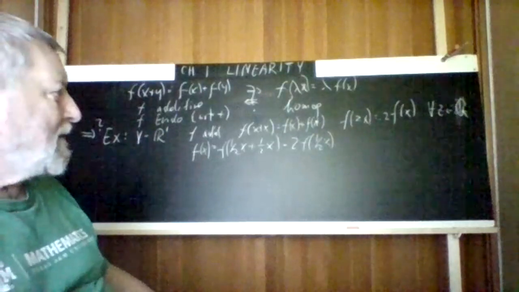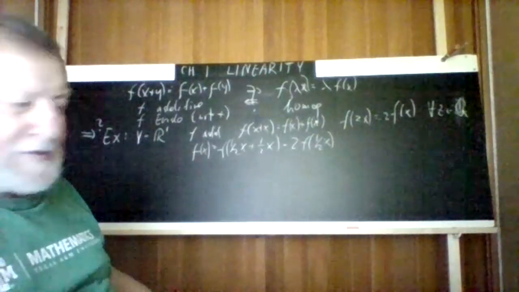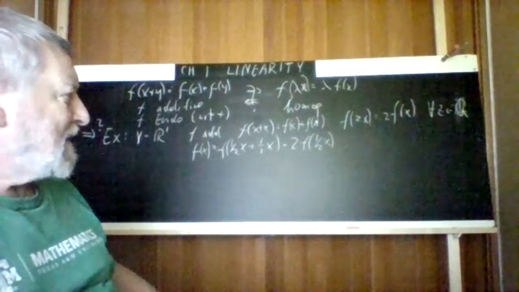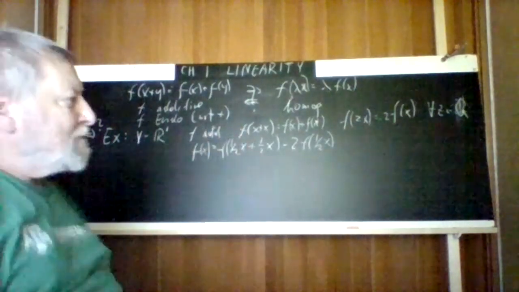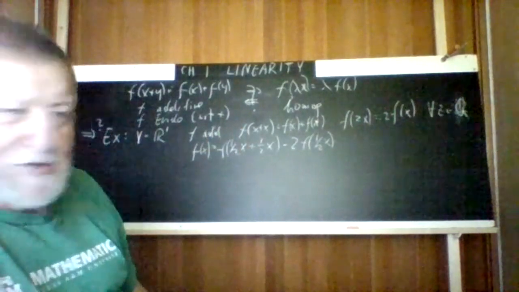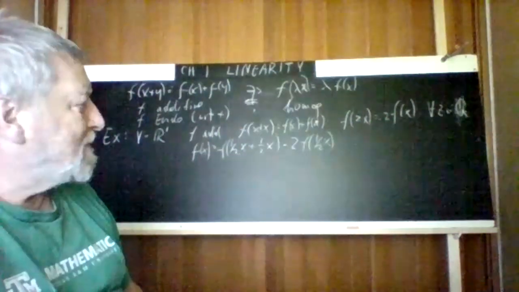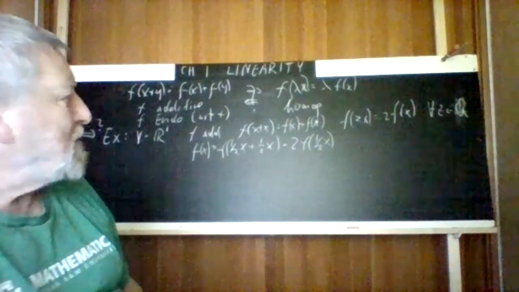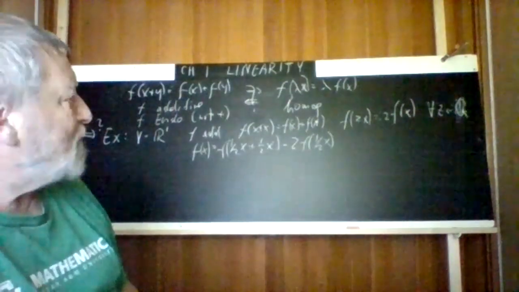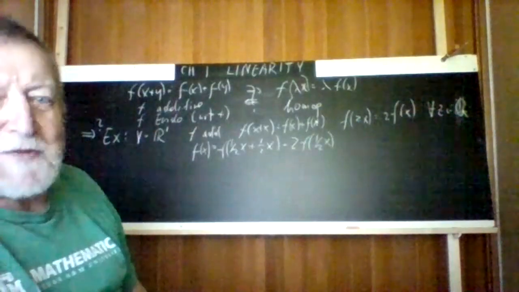But now at this point, I have to stop because I don't know how to work with irrational numbers, and we'll see that we have almost reached the homogeneous property, but not quite.